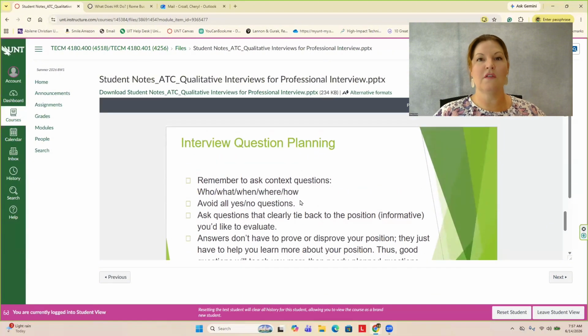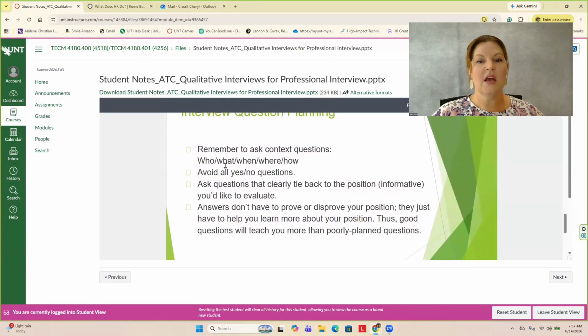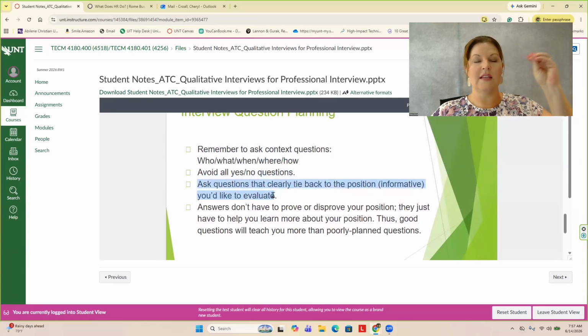Now, in planning your interview, you're doing an interview guide this week. So remember to ask context questions about the business. Avoid yes or no questions, because that doesn't give you rich qualitative data to analyze. Of course, your questions need to tie back to what you're looking for, but you want to start with nice, simple questions and then move into questions that involve more detail.